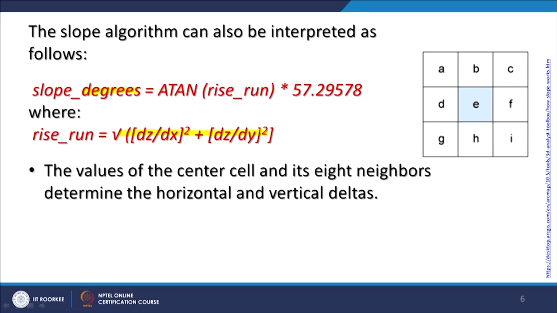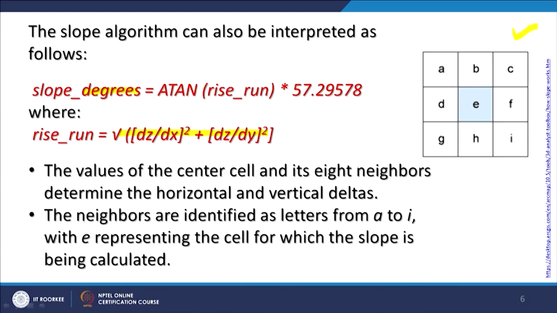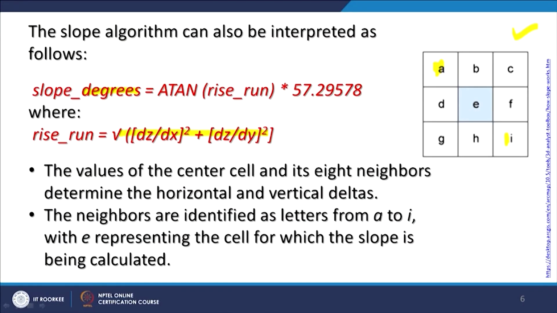In this example, the values are calculated for each cell in both directions, and the neighborhood is identified here as A to I, where E represents the cell for which the slope is being calculated. Always in a 3 by 3, 5 by 5 or 7 by 7, the calculation is performed for the center cell. Now, the rate of change in the x direction for each cell is calculated with the following formula.